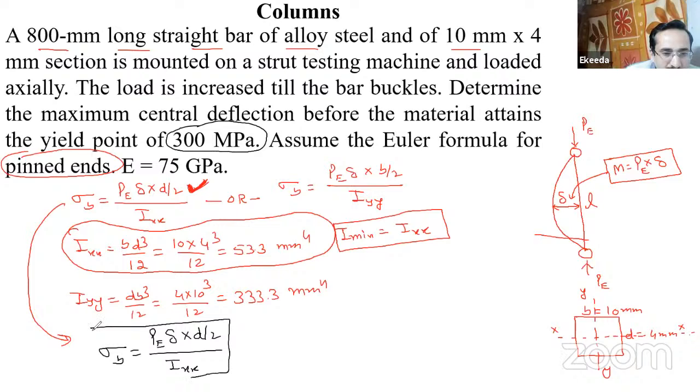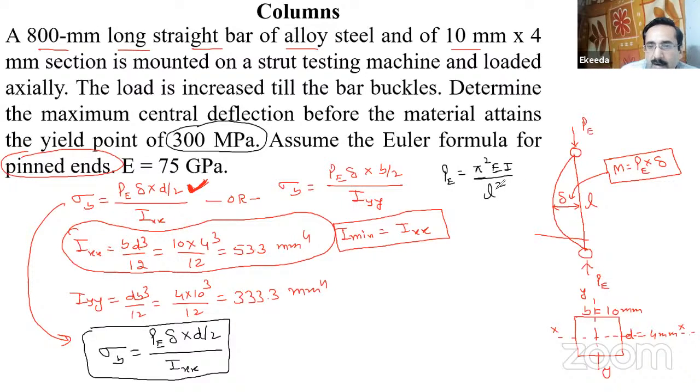So this is the actual formula which we have to use in our equation, right? And what is PE? That is pi square EI upon L square, and L is the actual length, right? Because for pin joint, Le and L are both equal, right? For pin joint.